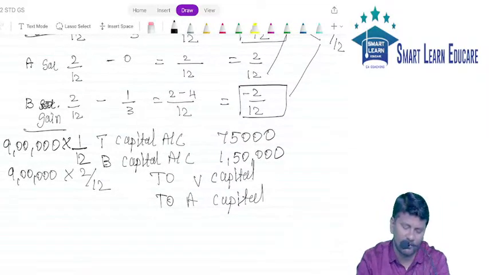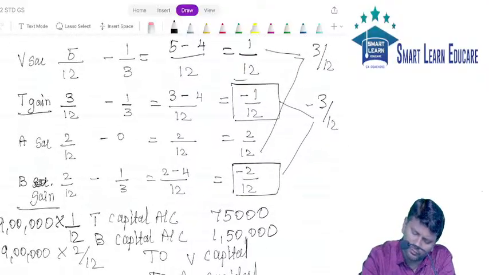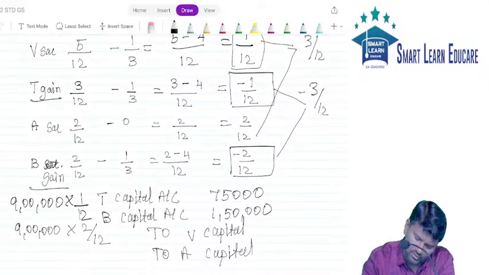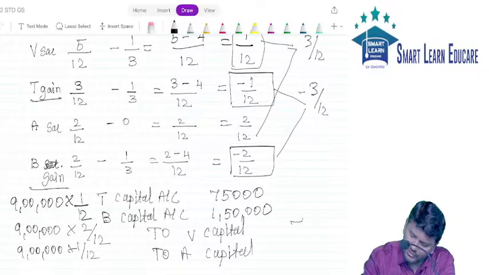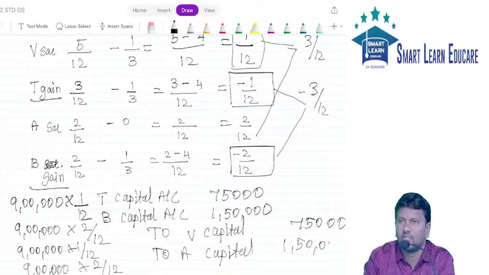Same answer will come for V. V is also 1 by 12, upon 9 lakhs into 1 by 12, which is 75,000. 9 lakhs into 2 by 12, which is 1,50,000. That's all.